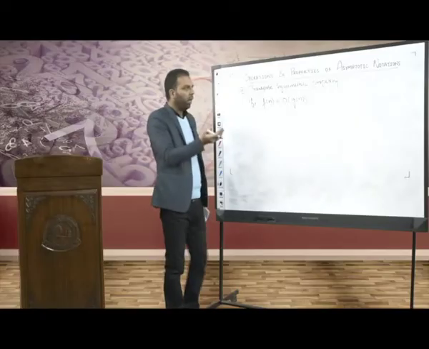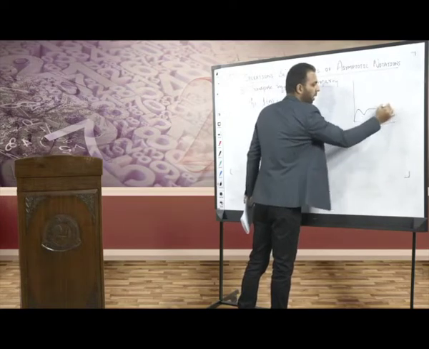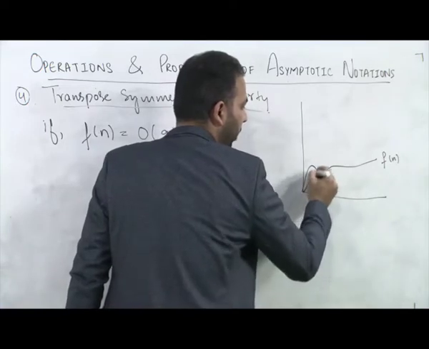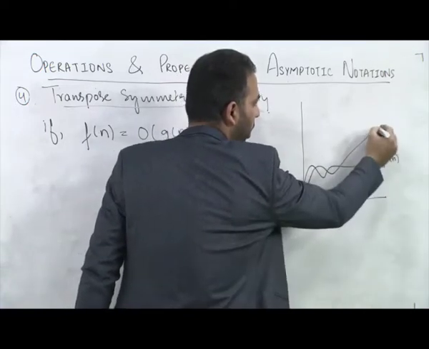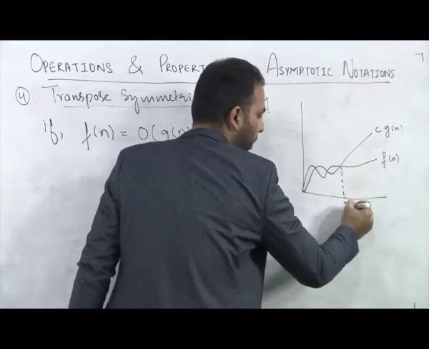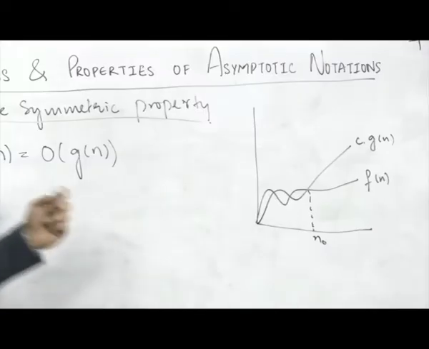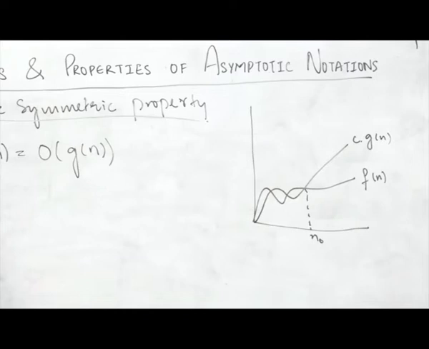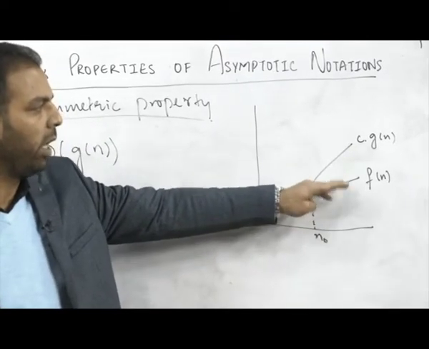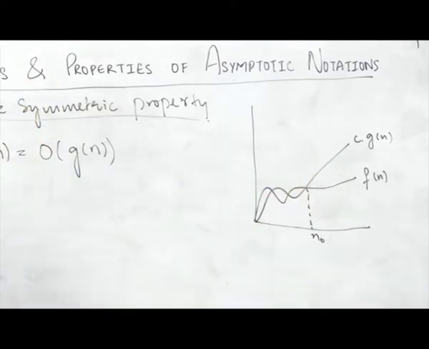So this is your f of n, and this is your c multiplied g of n. So you can see that f of n is order of your g of n. But at the same time, if you look at this in the opposite way, you can see that f of n will be the lower bound for your g of n.